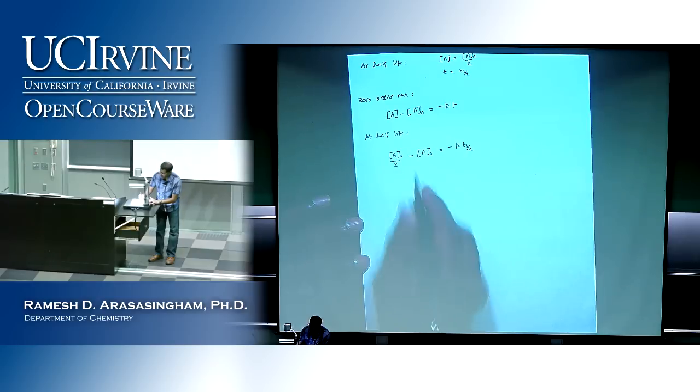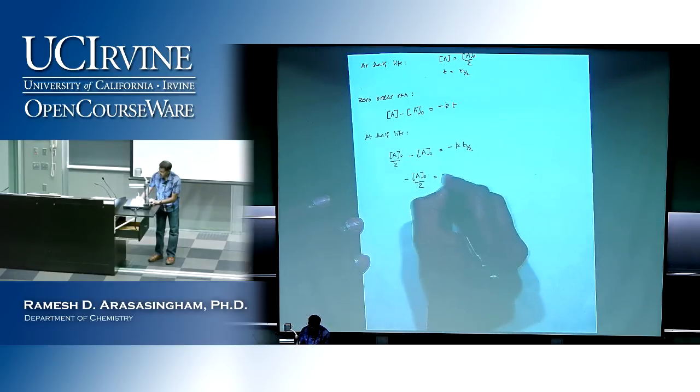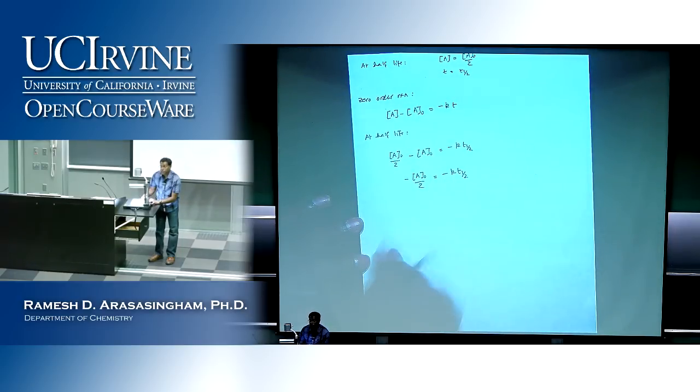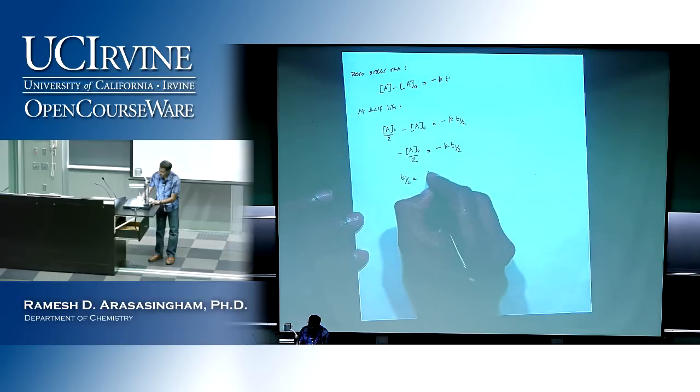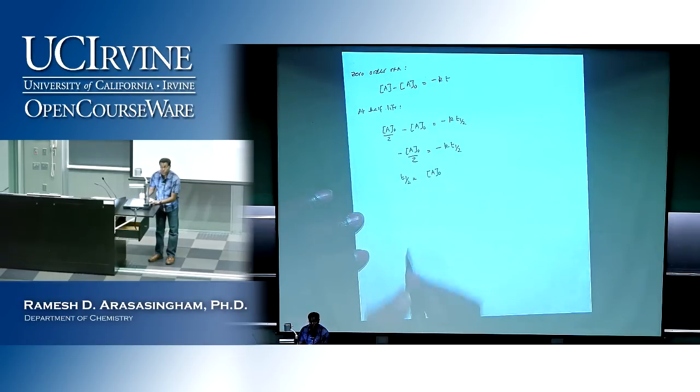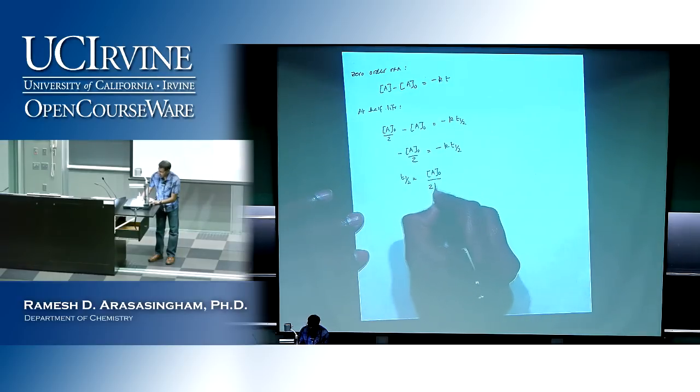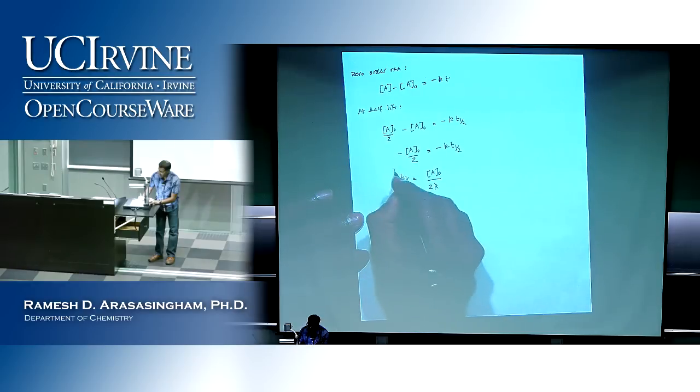If I subtract one from the other, what I'll end up with is negative A0 divided by 2 equals negative K t half. So the negative signs will cancel out on each side. And so t half equals the initial concentration divided by 2K.